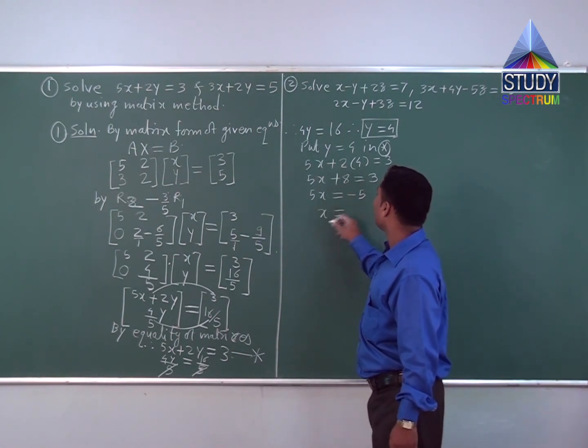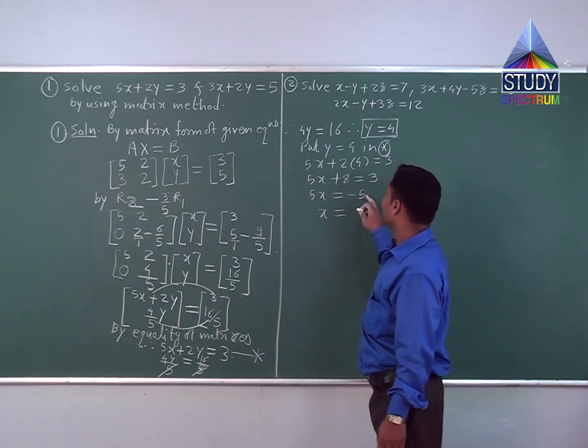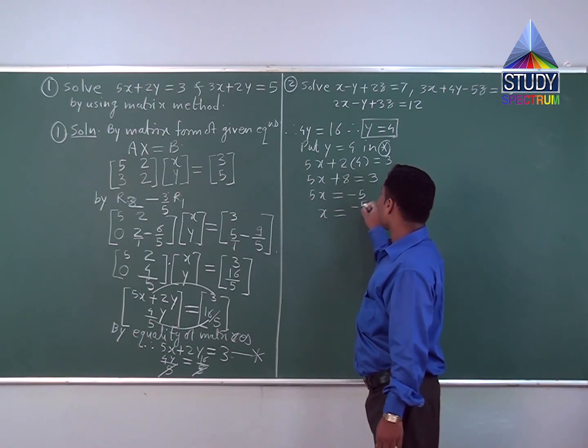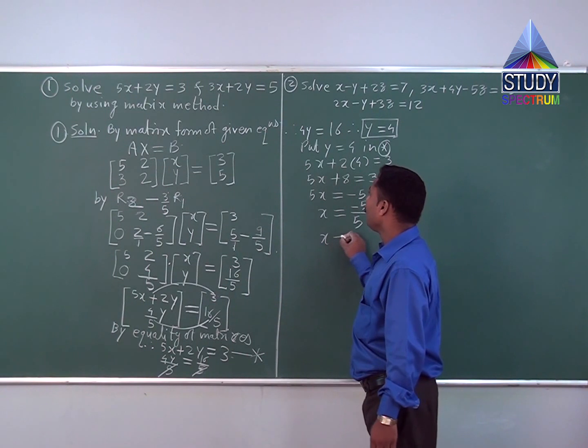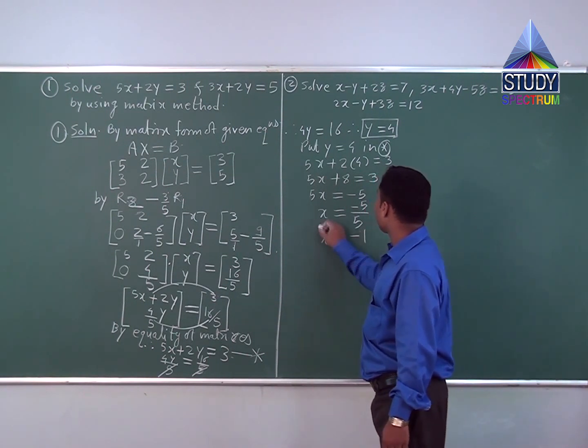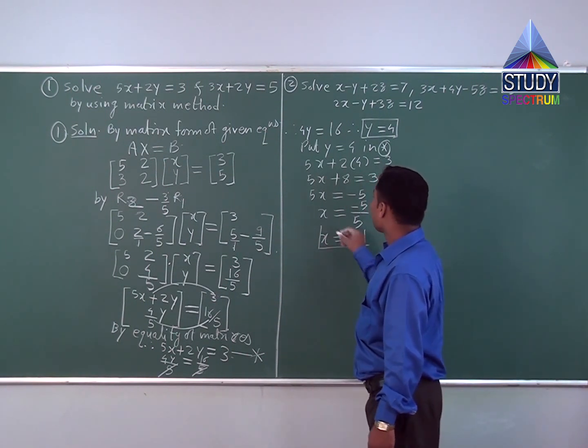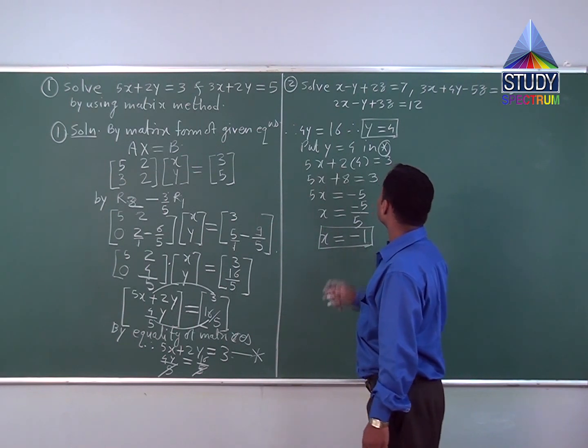So x equal to minus 5 upon 5. So x equal to minus 1.